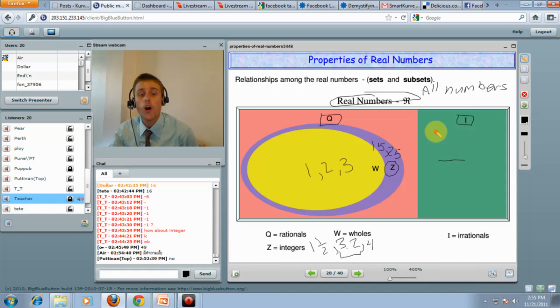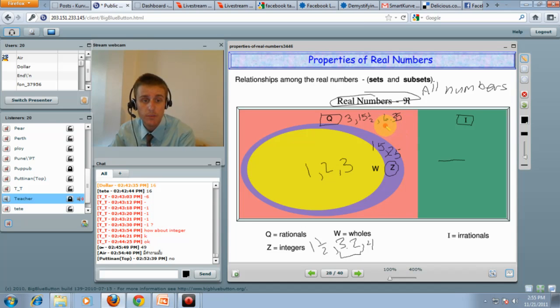Remember, rational numbers end. They stop. They can be whole numbers, they can be fractions, they can be decimals, but they stop. So a whole number is 3. A fraction is 15 and 1/2. A decimal is 6.35.